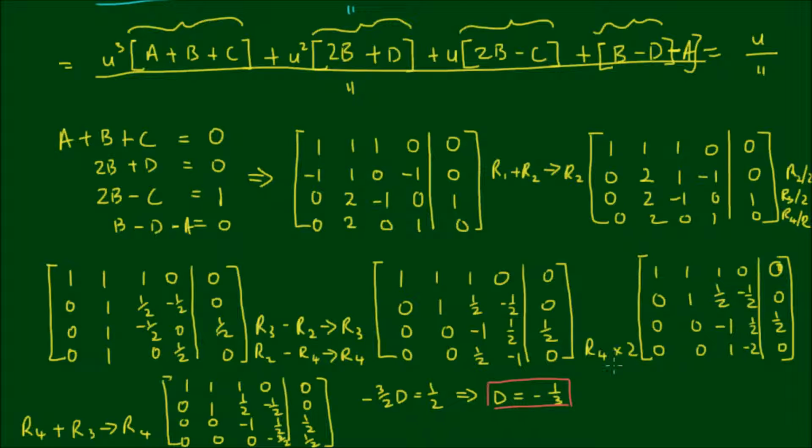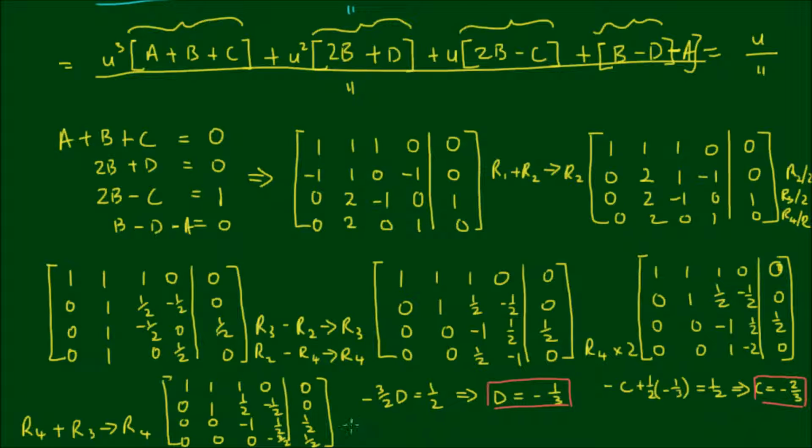And then we have minus c plus a half of d, so minus 1/3 is equal to a half. So this means that c is equal to minus 2/3.